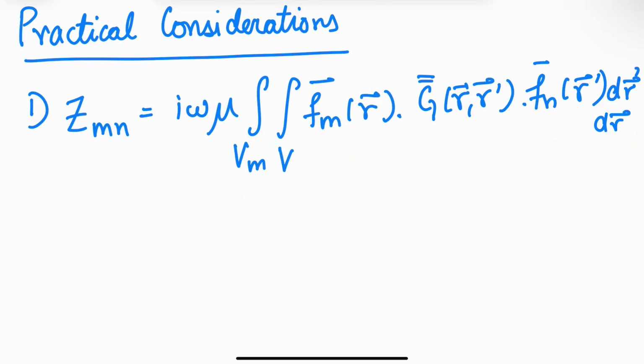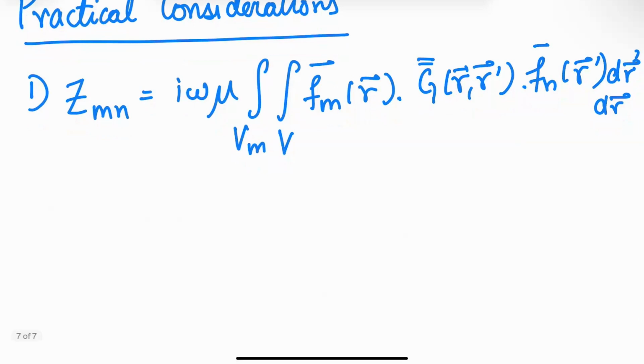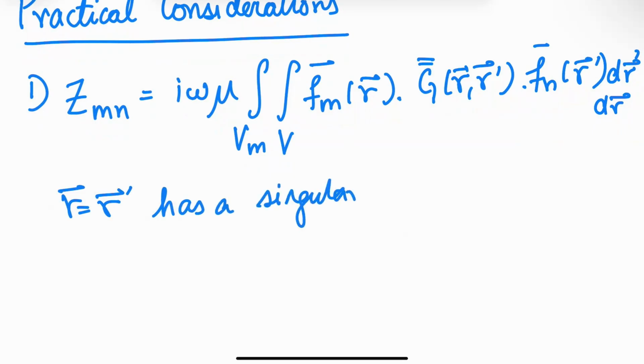So when r equals r prime, you will have a singularity in the Green's function. Right, because we know that the Green's function is a function of the scalar Green's function, and that has a singularity when r equals r prime.